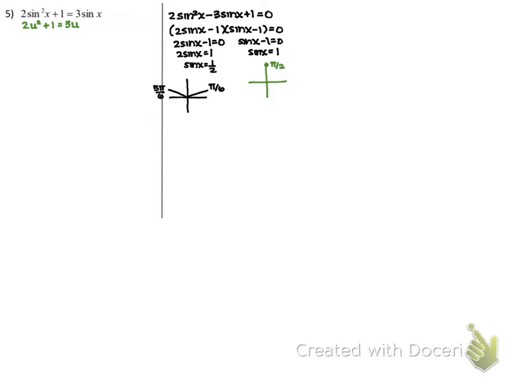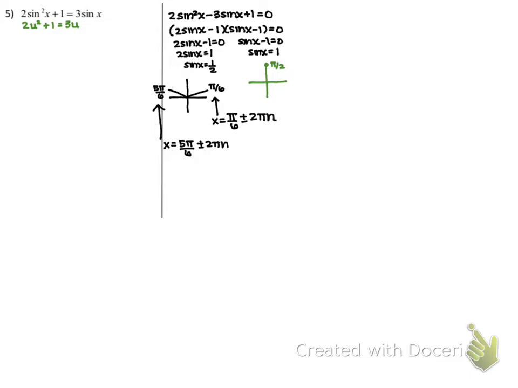So for the first one, I have x is equal to pi over 6, plus or minus, no wrapping, got to loop all the way. This one, x is equal to 5 pi over 6, can't loop it with anything else. So you have to go all the way around to get back to it.